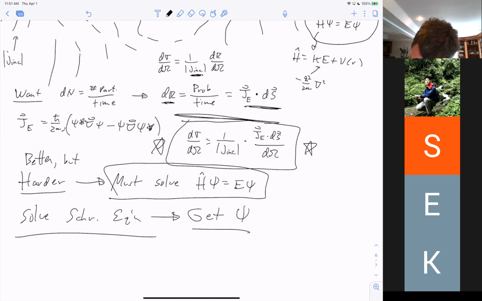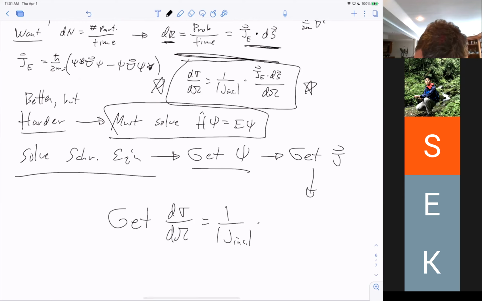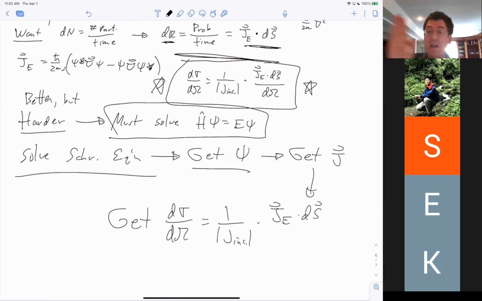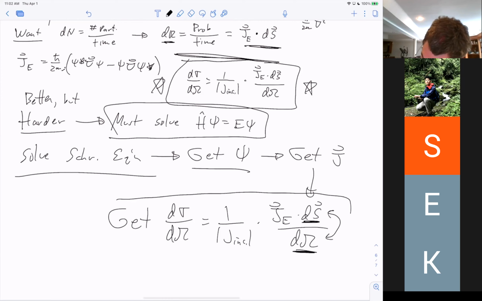And once we have psi, then we get J. And once we have J, then we get the differential cross section, because the differential cross section is just going to be 1 over J incident times J dotted into my detector divided by the solid angle of my detector. These things, remember, are connected. They're not independent. The ds is the area of the detector, and the d omega is the solid angle of the detector. And so that's what we have to do next.